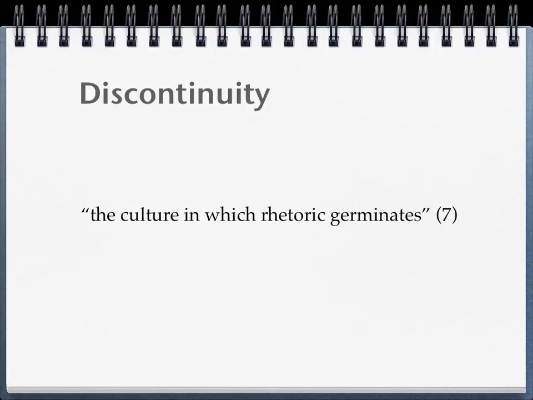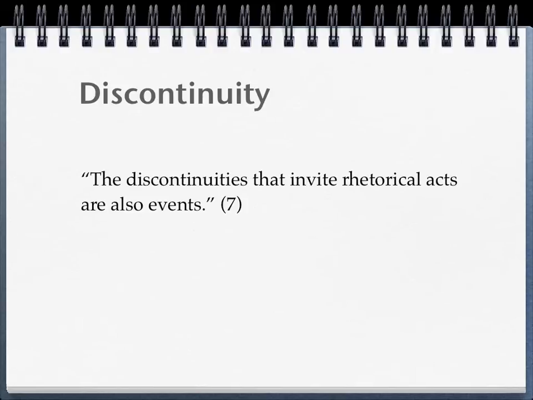This is where we find the need for social action. Discontinuities that invite rhetorical acts are also events, Hauser says. So if we're trying to understand what a rhetorical event is, we're looking at that discontinuity that begs for us or invites us to have a rhetorical response.